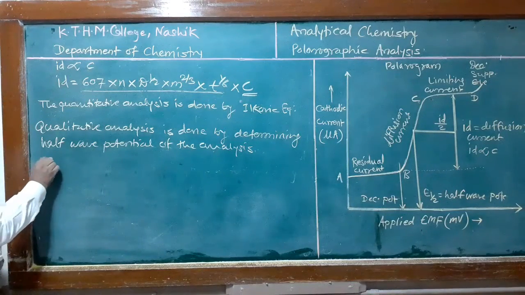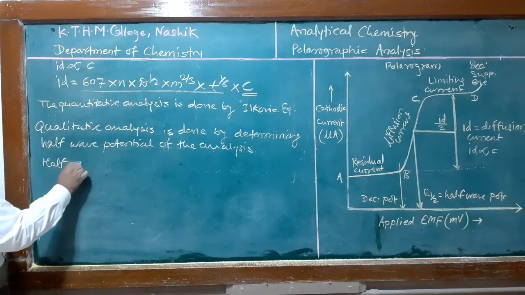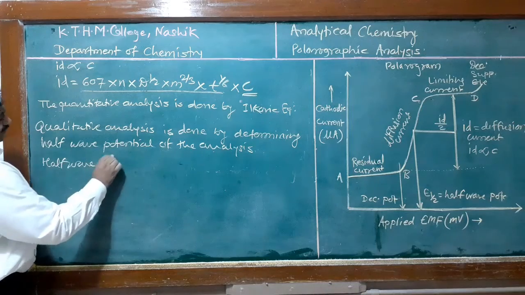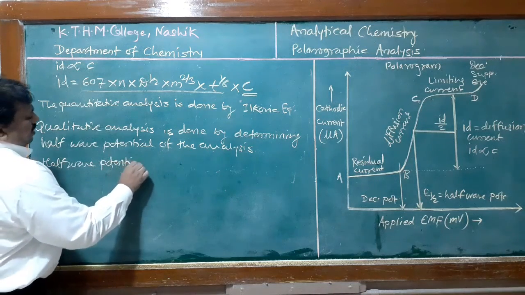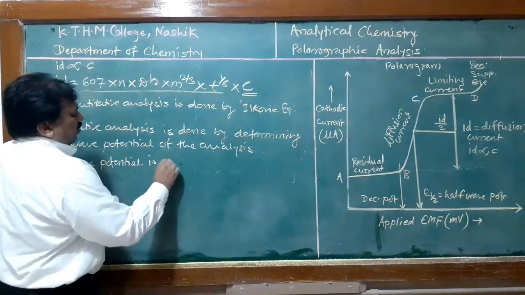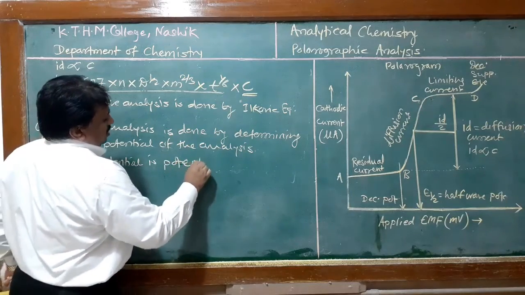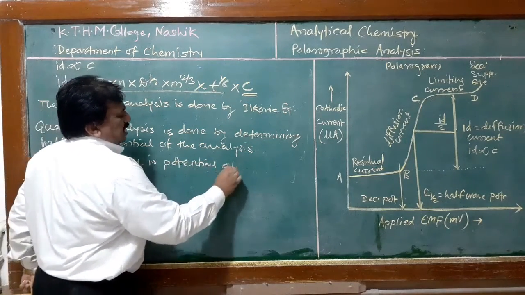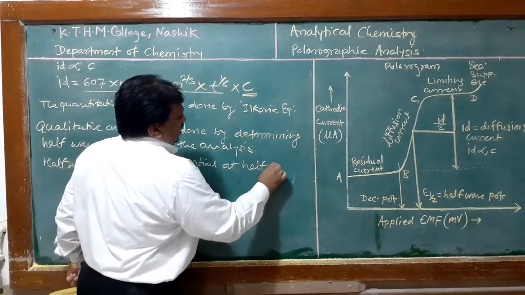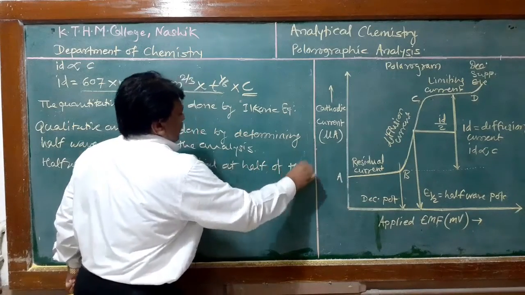Half wave potential is the potential at half of the diffusion current.